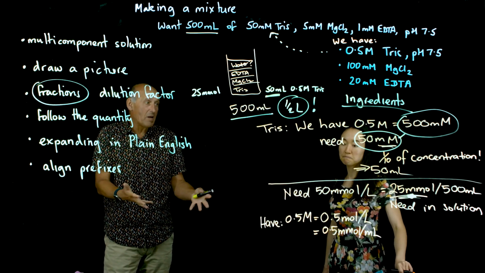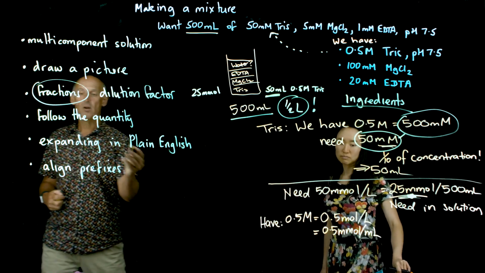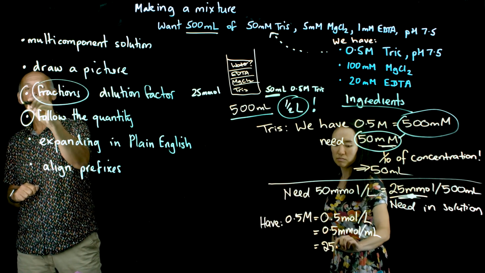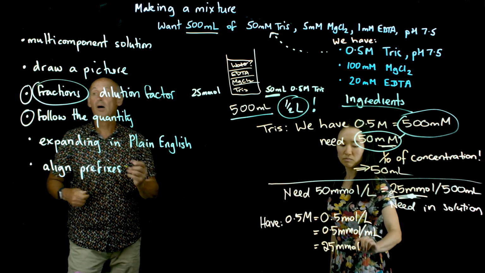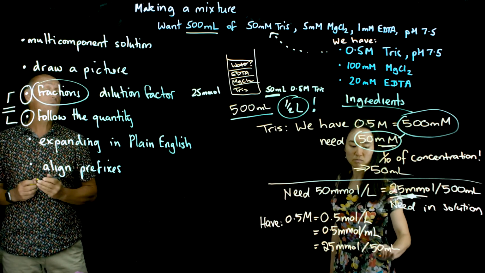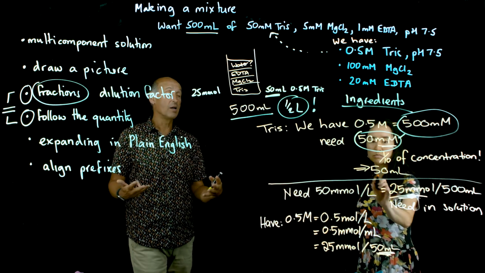And what I love about this is that we've done it two completely different ways. We've done one way where we're following the quantity, and another way where we're doing a simple dilution factor, but they've come out absolutely equal. That really gives us massive confidence that we've got the right answer.